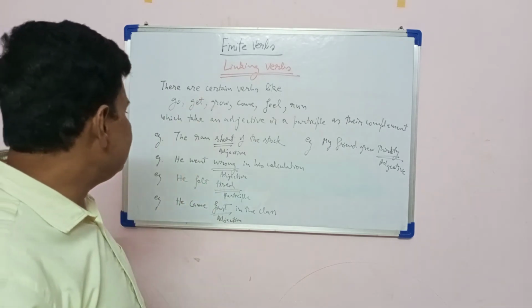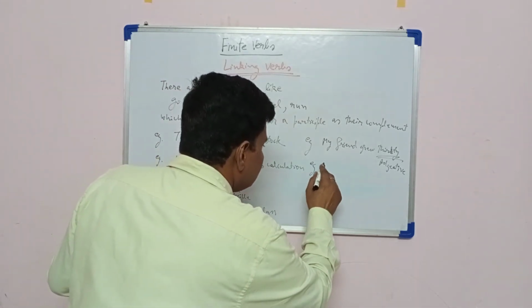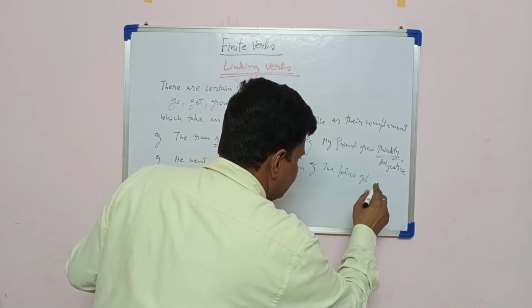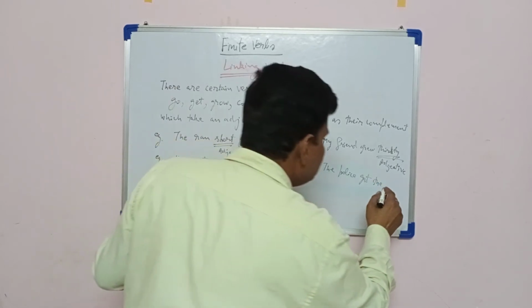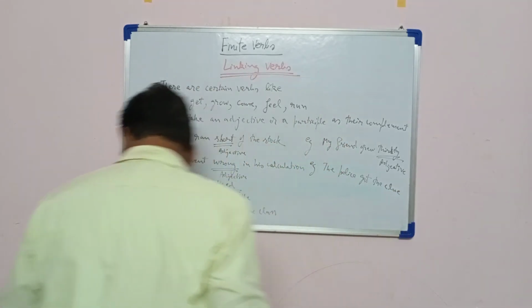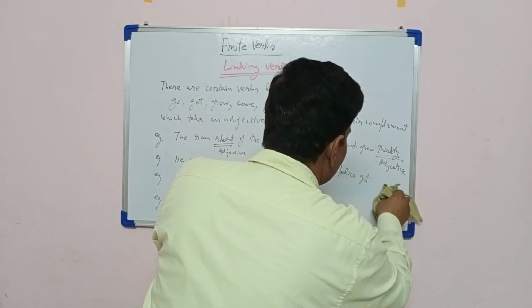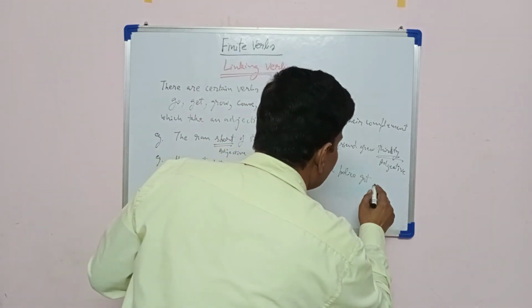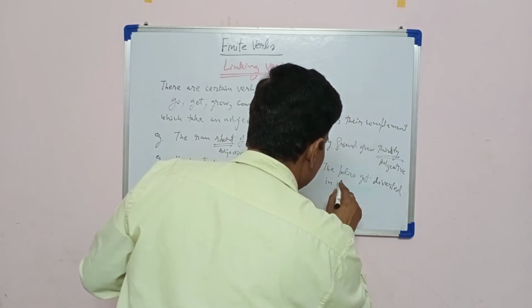Now you just see these examples. The police got diverted in its path.